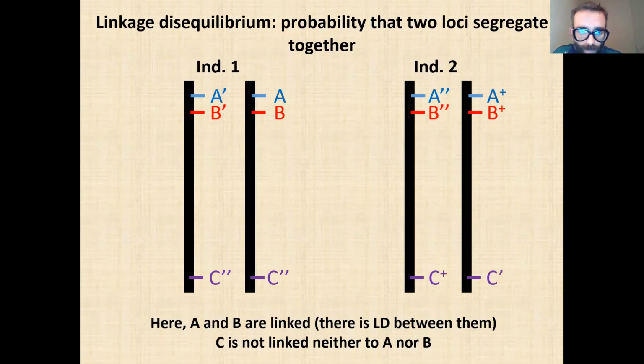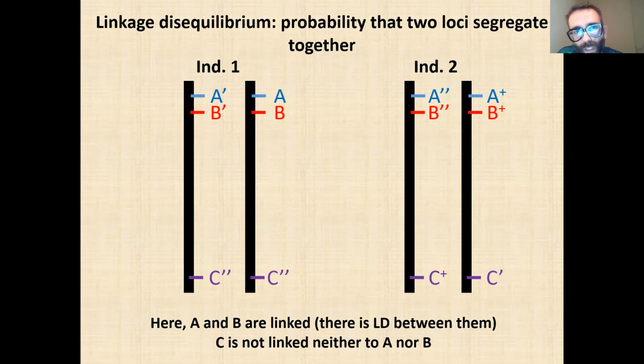That simply means that the alleles at these two loci will always be inherited together in the next generation. And vice versa, if there is no or very weak linkage disequilibrium between two loci, that means that the alleles at these two loci will never be inherited together. For example, this is a case here where A and B are linked.